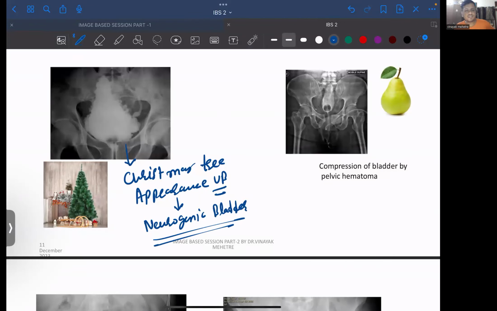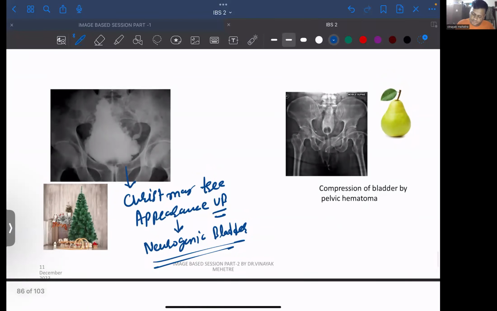It is seen in neurogenic bladder. Okay, this is called pear shaped bladder, and it is seen in pelvic hematoma. When there is a pelvic fracture and the urinary bladder is involved, it will become pear shaped. Okay, pear shaped at that time.